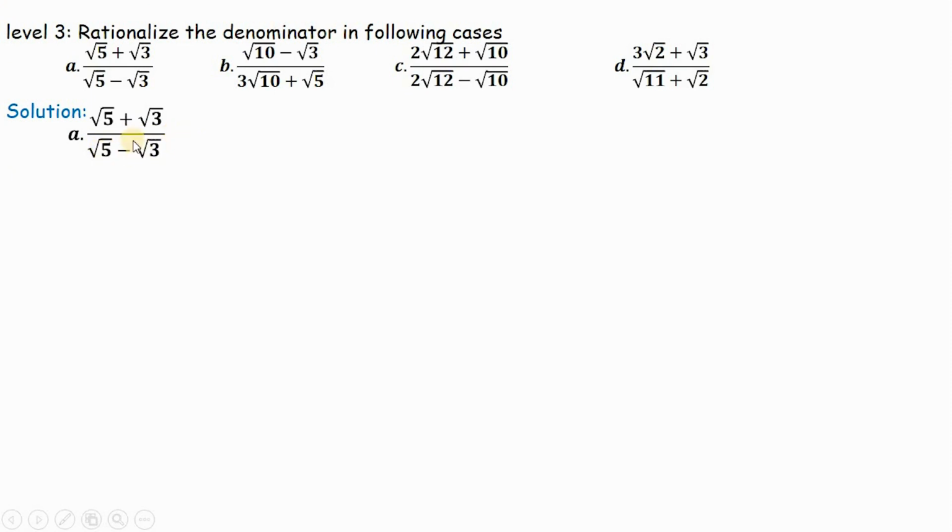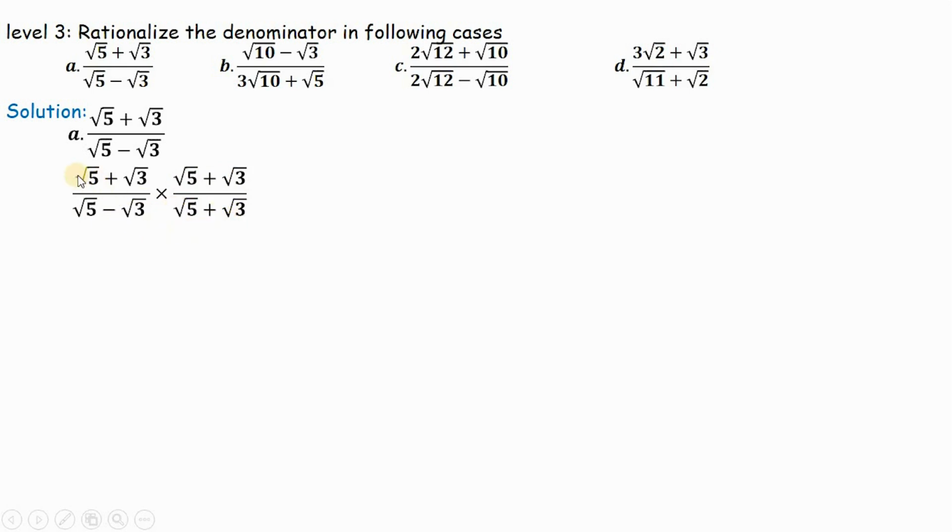So we'll multiply the numerator and denominator both by the conjugate of root 5 minus root 3, or we'll multiply numerator and denominator by the rationalizing factor of the denominator, that is root 5 plus root 3. We have copied the question here, and we'll multiply numerator by conjugate of the denominator, that is root 5 plus root 3 and root 5 plus root 3.